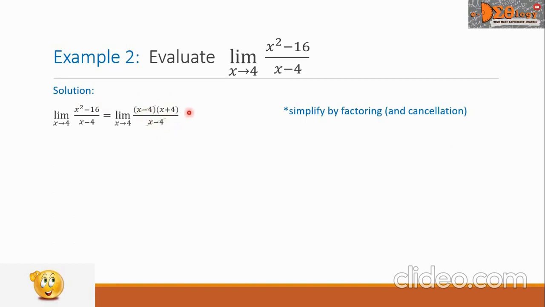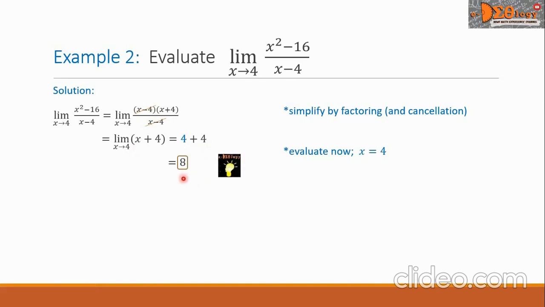The limit of the function is now simplified into x plus 4. Now, we are ready to evaluate and substitute the value 4 to the x in here. So we have 4 plus 4, and the sum gives 8. This is our final answer.